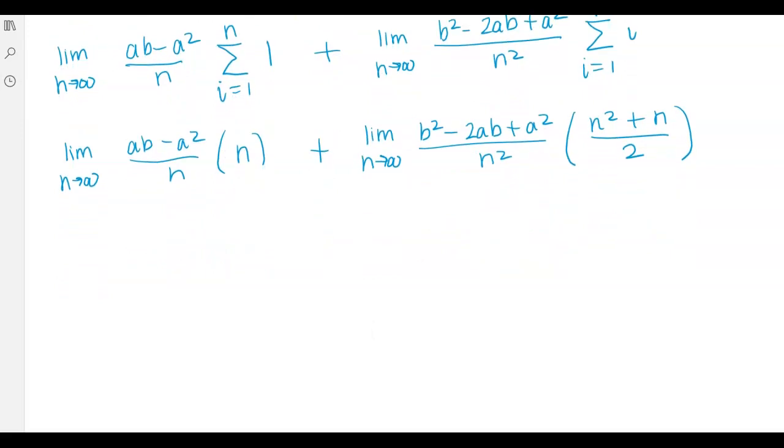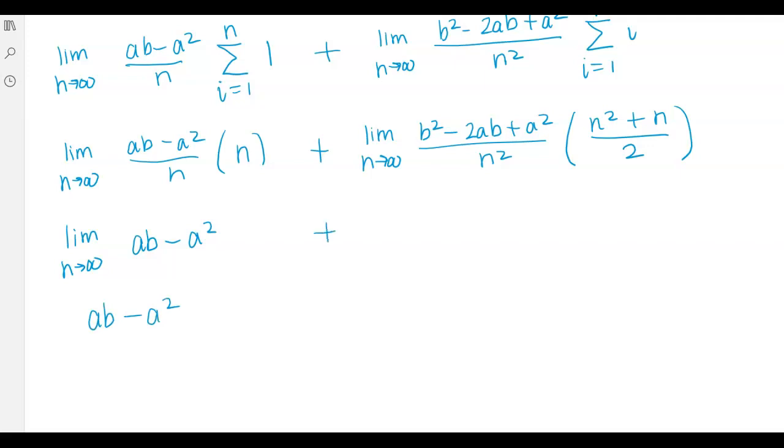For this first one, the two n's are going to cancel, and we have ab minus a squared. There are no n's involved in that, so we'll just end up with ab minus a squared.